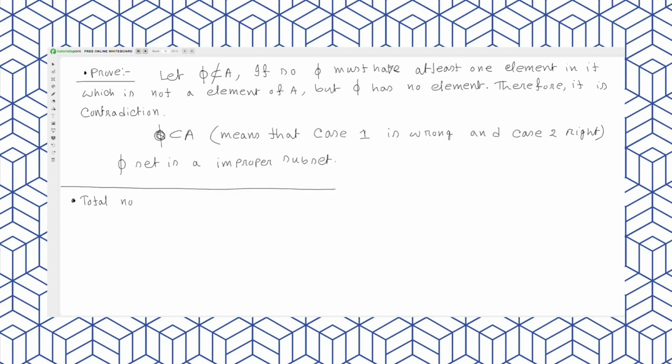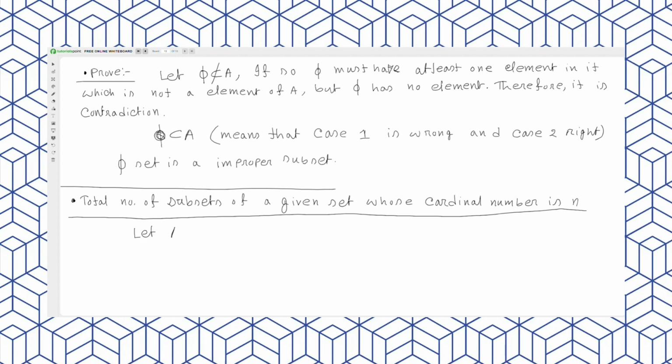The next topic is number of subsets of a given set with cardinal number n. Let's take some set A which has 3 elements, that is 1, 2, 3. Cardinal number is 3. So there are 3 elements in it. If we select one element out of these 3 elements and put it in brackets, we will get 3 unique singleton proper subsets of A, and they are this and this.